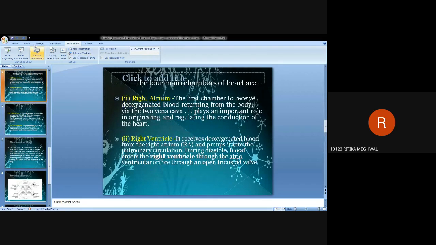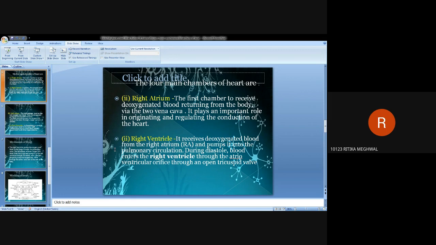The four main chambers of the heart are: the right atrium, the first chamber to receive deoxygenated blood returning from the body via the two vena cavae. It plays an important role in originating and regulating the conduction of the heart. Second, the right ventricle receives deoxygenated blood from the right atrium and pumps it into the pulmonary circulation.